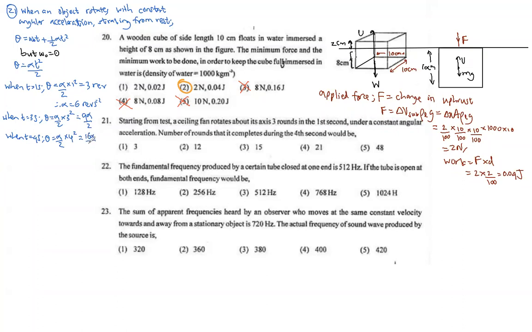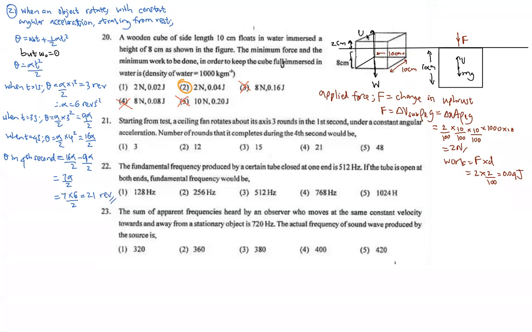The question is the rotation in the 4th second. That will be theta after 4 seconds minus theta after 3 seconds, which is 7 alpha by 2. Instead of alpha, we can put 6. So 7 into 6 by 2, I'm getting an answer of 21. Anyone else who got that answer? 21 revolutions.